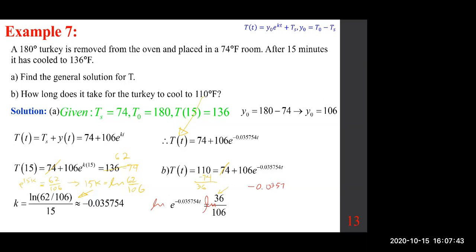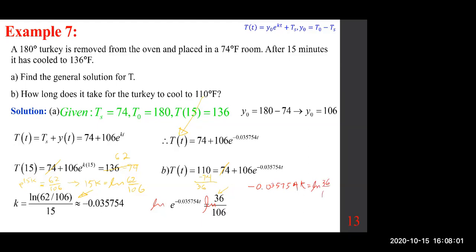Negative 0.0357554t equals ln of 36 over 106.